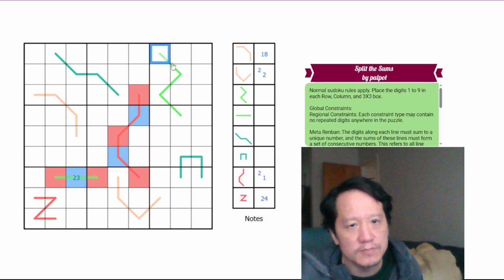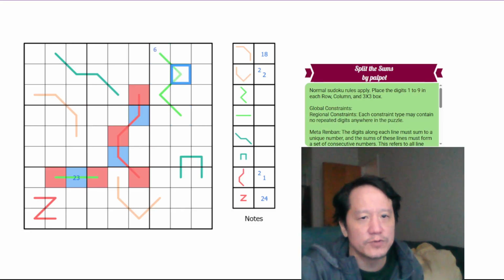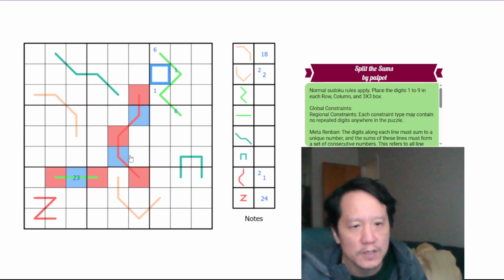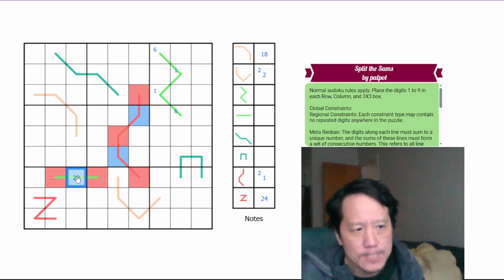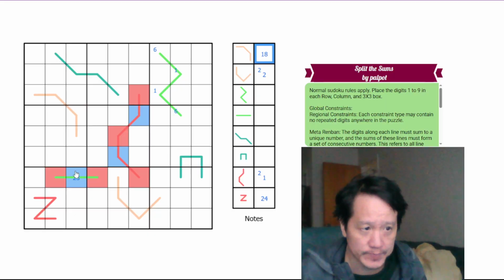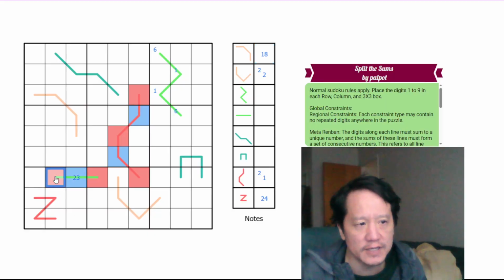That means 6 and 1 have to be somewhere along here. So this is 6 with 1 being one of these, or 6 being there. So what are the possibilities here? You can't have 18. 3 is necessarily next to 8 and 9.